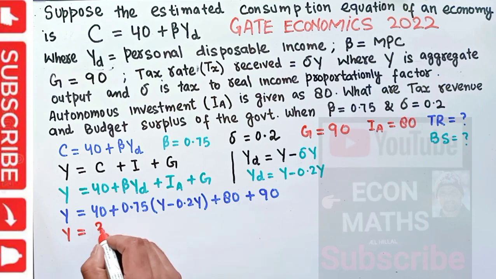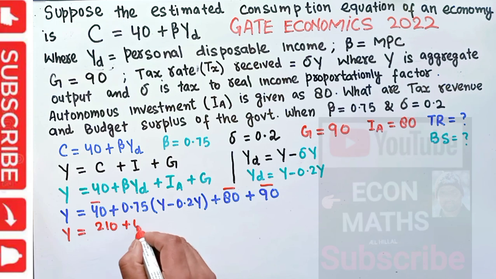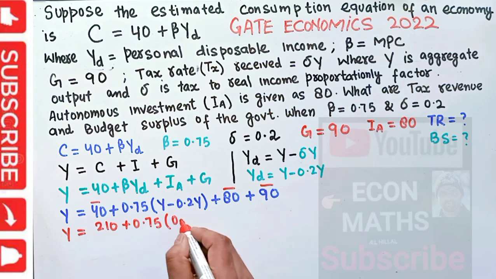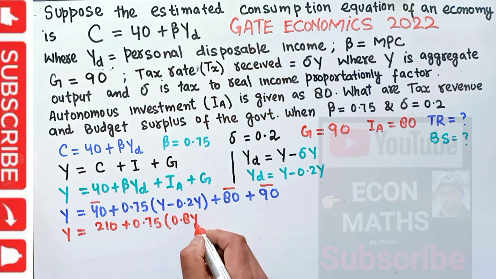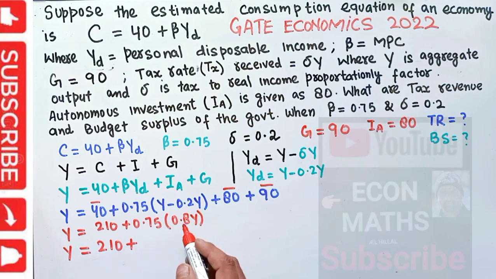Plus we have 0.75 times Y minus 0.2 Y, which comes out to be 0.8 Y. That means Y will be equal to 210 plus 0.75 times 0.8 Y. It will come out to be 0.6 Y.